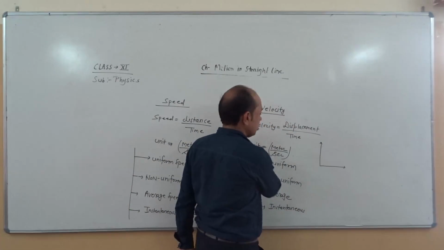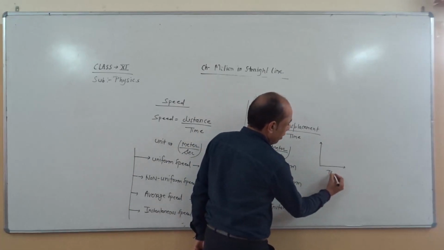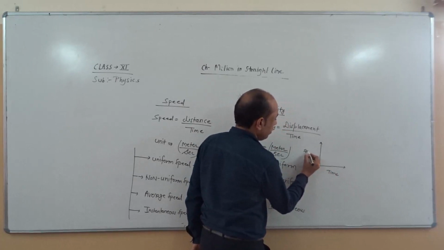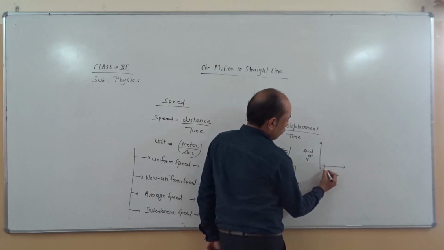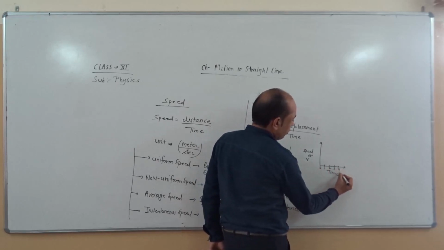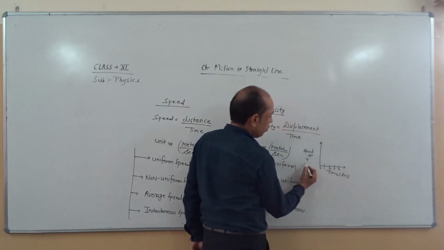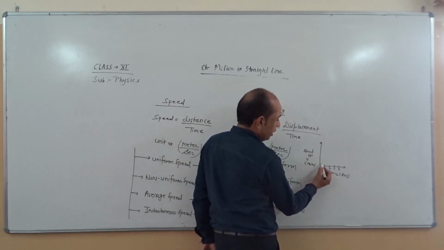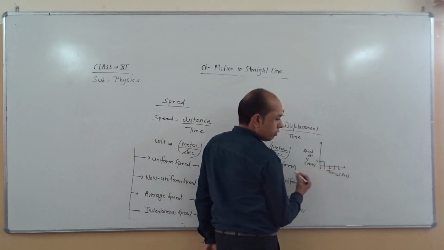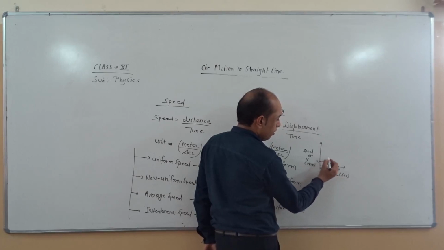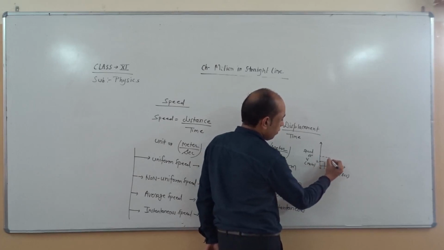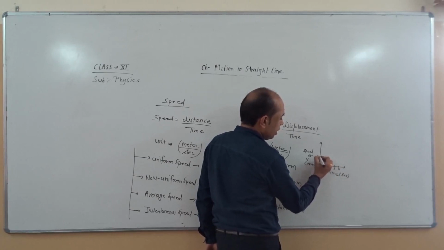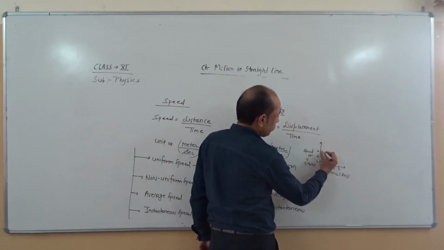And if we plot the graph for uniform motion, for either speed or velocity, time versus speed or velocity, with time in seconds: 0, 1, 2, 3, 4. Suppose for 1 second the speed is 2 meter. Similarly for the next second, the speed is increased by the same amount, 2, so it is 4, then it is 6.